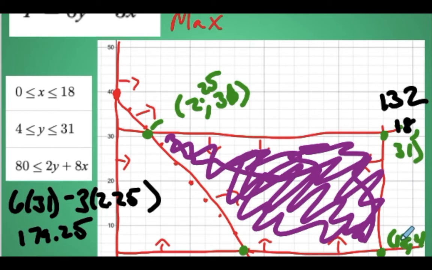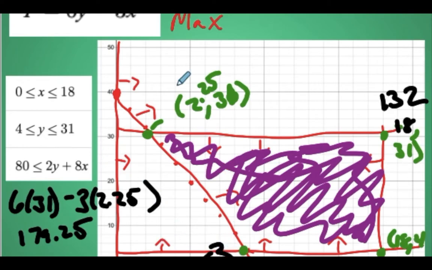Plug in this coordinate, so 6 times 4 minus 3 times 18, which would be negative 30. Plug in this coordinate, so 6 times 4 minus 3 times 9, which is negative 3.